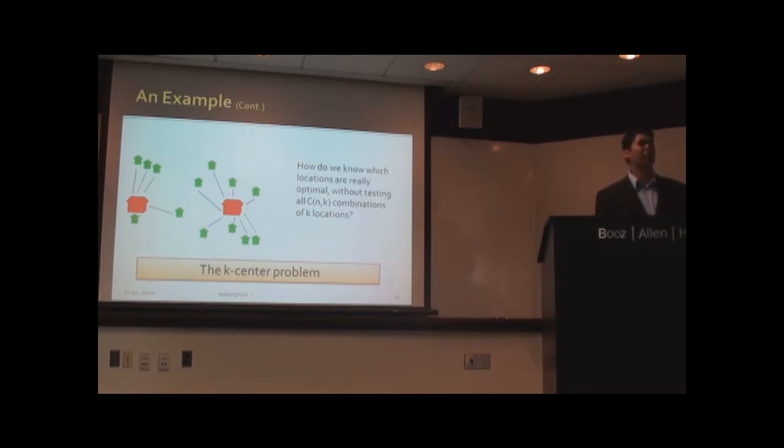The facility location problem is just a general problem. Depending upon what actual mathematical model we choose, it will have a different name and a different mathematical problem underlying it. This specific problem is called the k-center problem. We'll cover it again in a minute. But the question that we're trying to answer is, how did we choose these locations without testing all of the n choose k combinations?